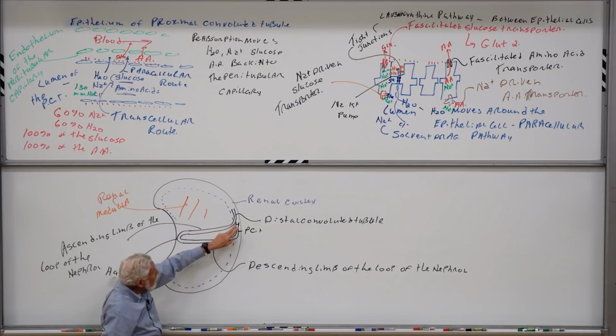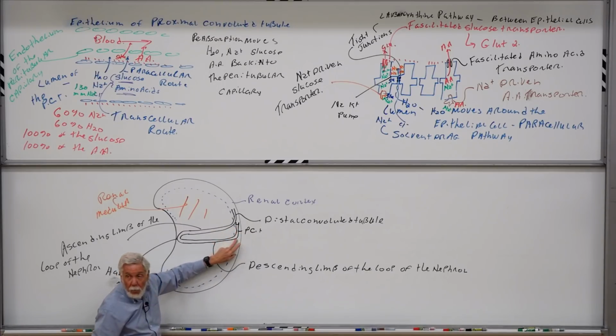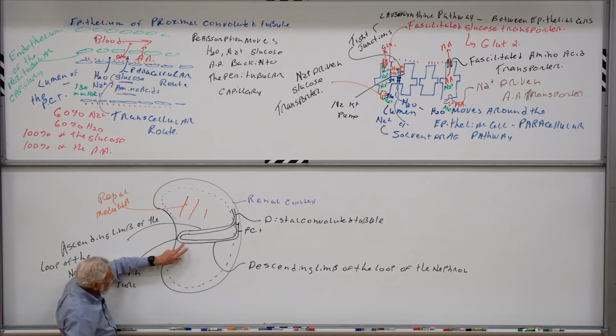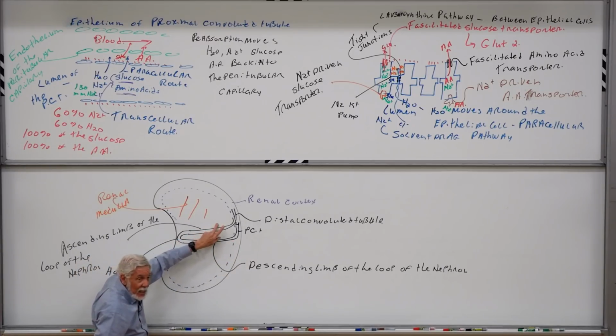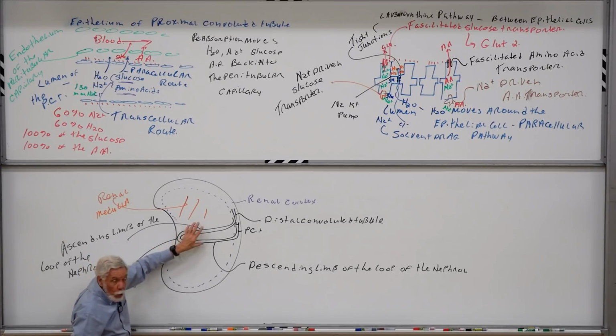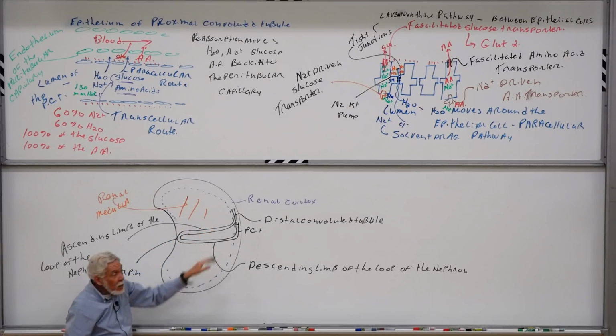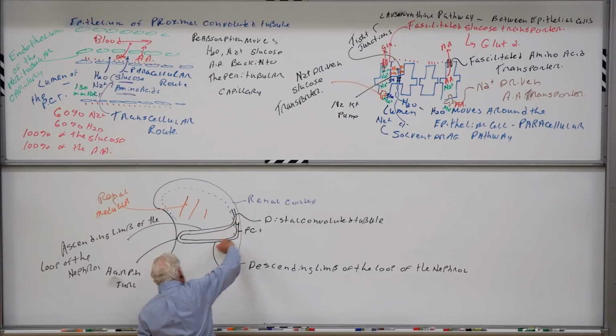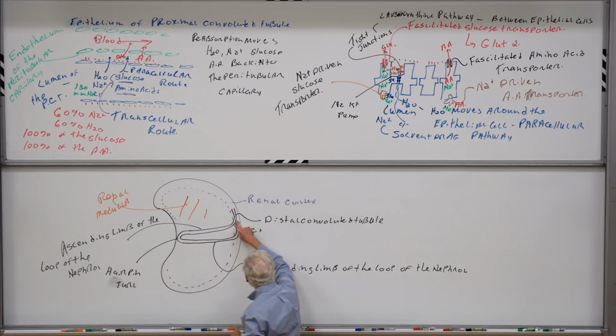We said that Bowman's capsule and the proximal convoluted tubule are in the cortex. The descending and ascending limbs, along with the hairpin turn, are located in the medulla. But because the tube makes a U-turn, it feeds into a portion of the tube up here called the distal convoluted tubule. That's all nephron.